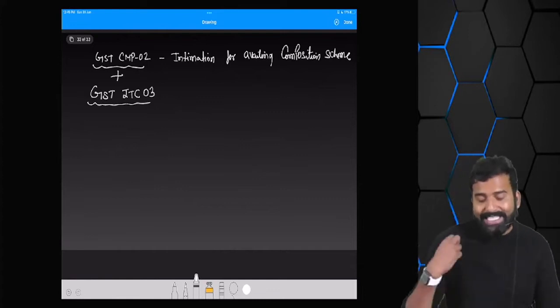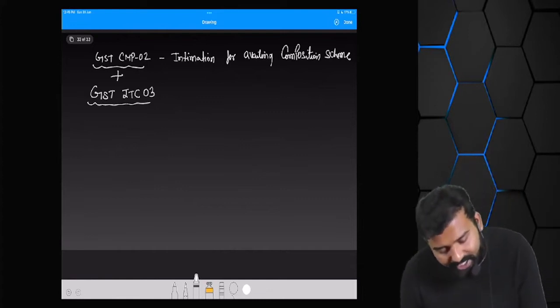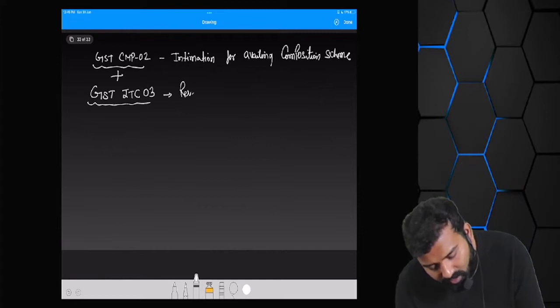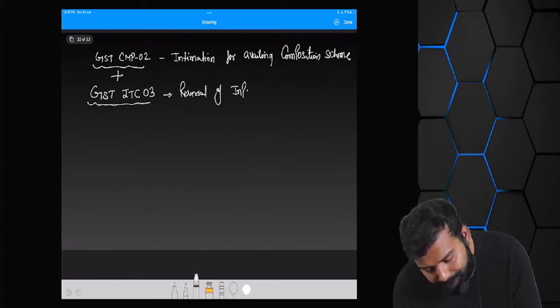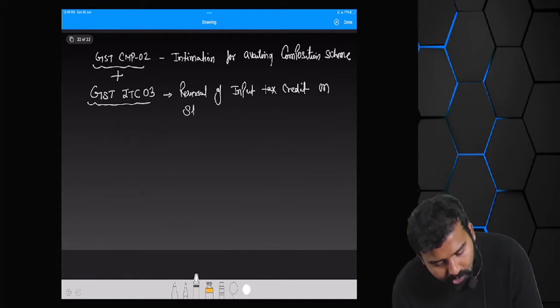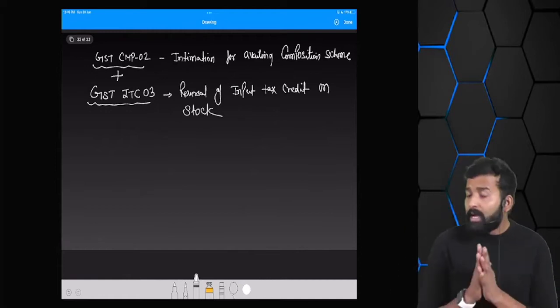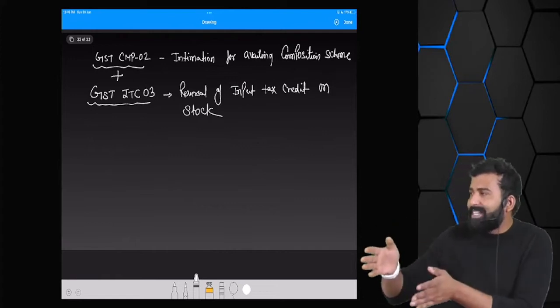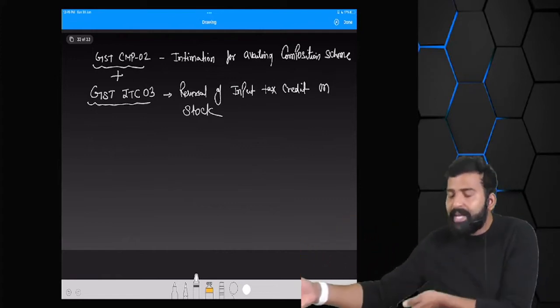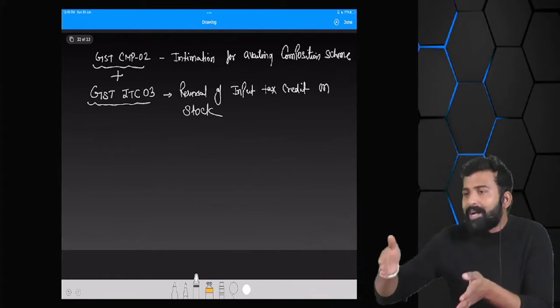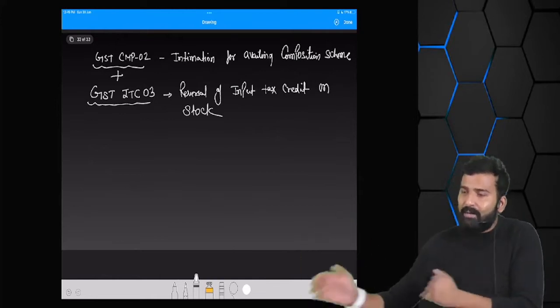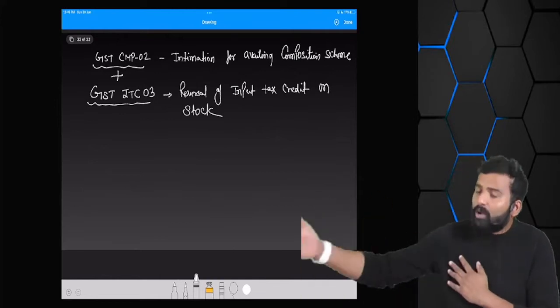Sir, what is this GST ITC03 form? This form is useful for reversal of input tax credit on stock. What the government is saying, listen very carefully: you have purchased some goods in the pre-composition period, before availing the composition scheme, when you were a regular taxpayer.